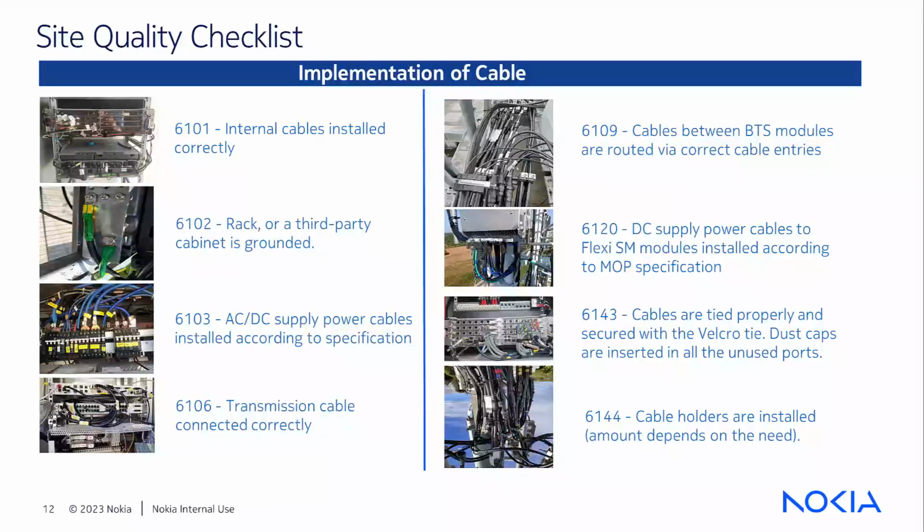DC supply power cables to Flexi module are installed according to the specification. Cables are tied properly using Velcro ties and dust caps are installed in all the unused ports. Cable holders are installed as per the need. These are just a few examples. The actual check will depend on the scope of the project.